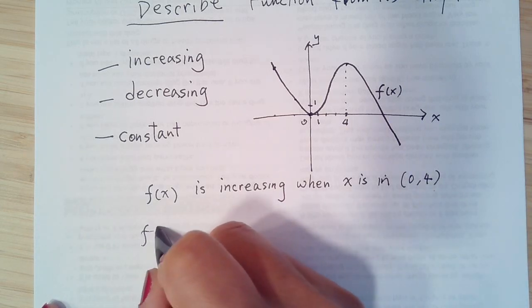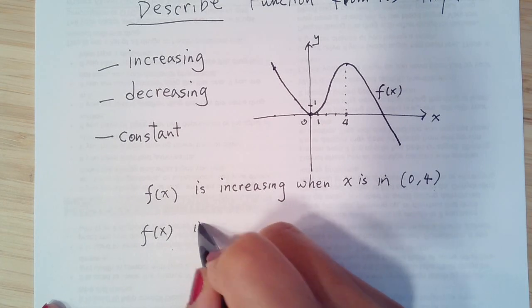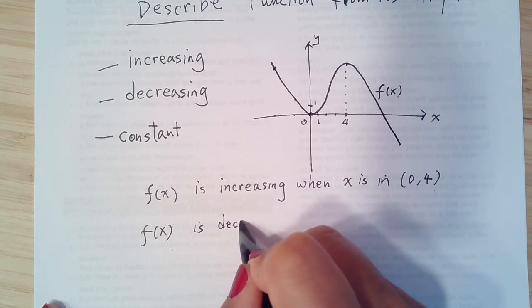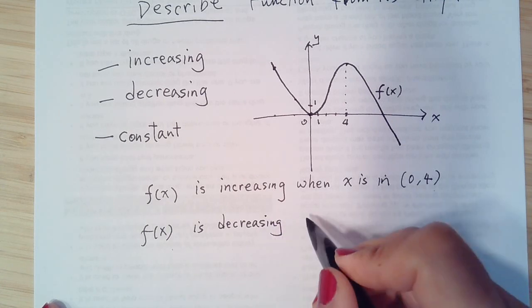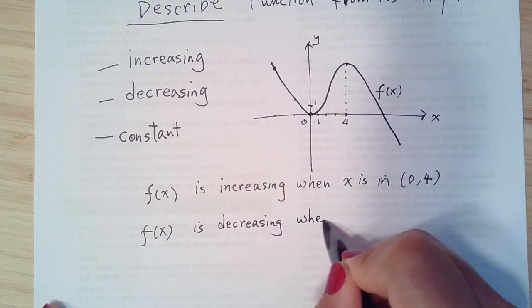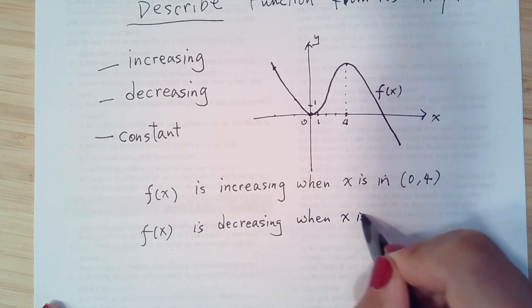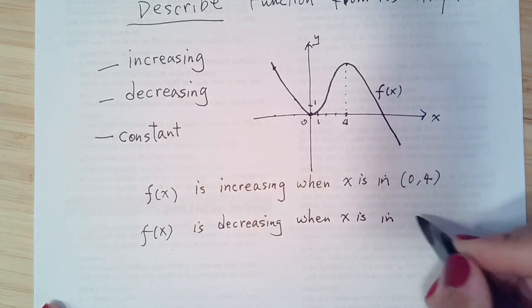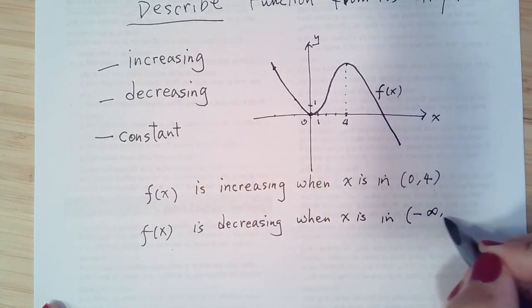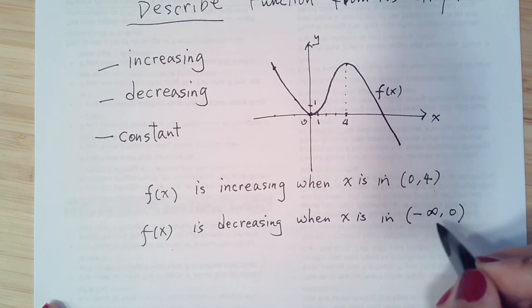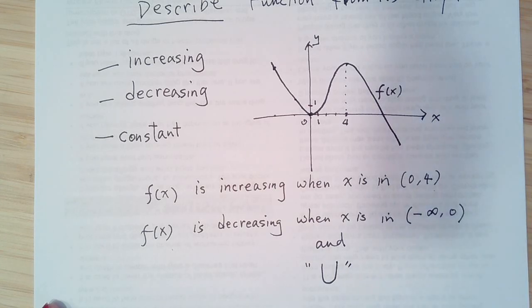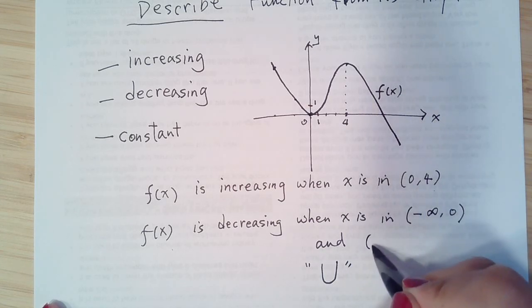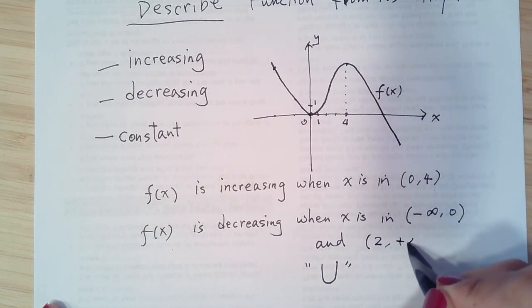And f of x is decreasing when x is in, okay, that's from negative infinity to 0, and the other way to show and is this little symbol, looks like a U, okay, so that's called union, from 4 to positive infinity.